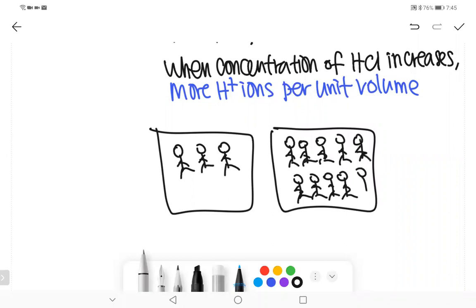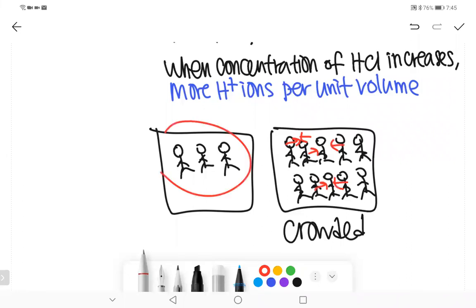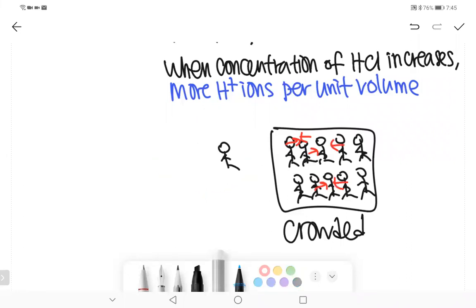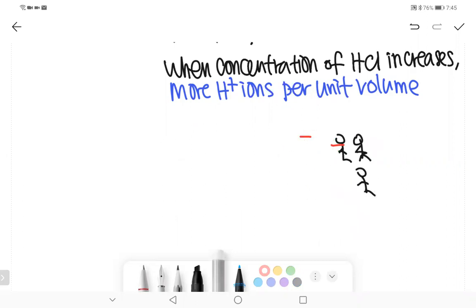It becomes very crowded, so they should collide more easily compared to the first one. So when we have more H plus ions per unit volume, the whole thing becomes more and more crowded.